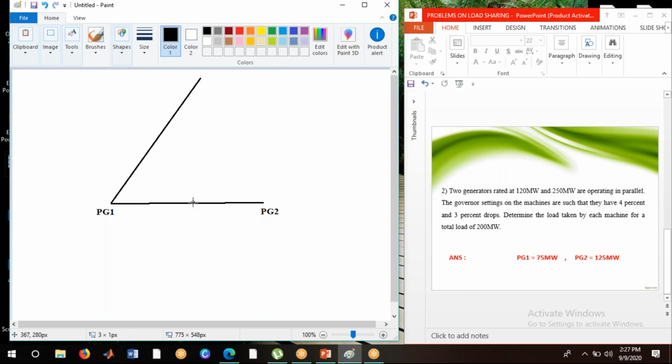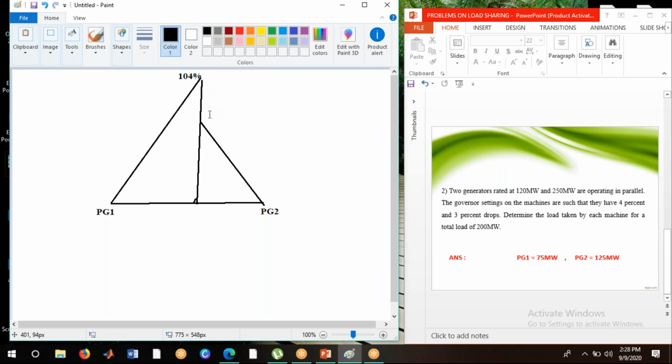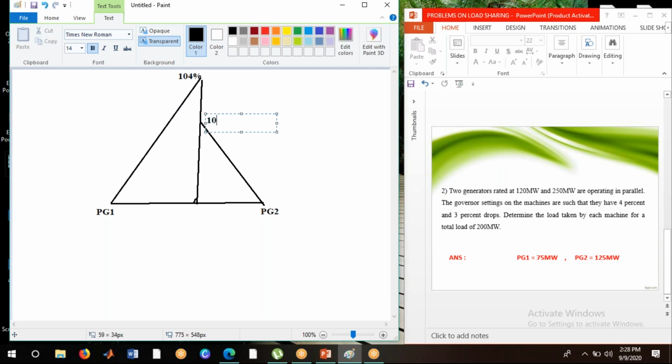Let's consider a center point, that is the capacity for these two. So here this is 104% and here 103.